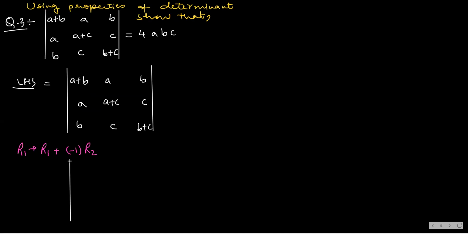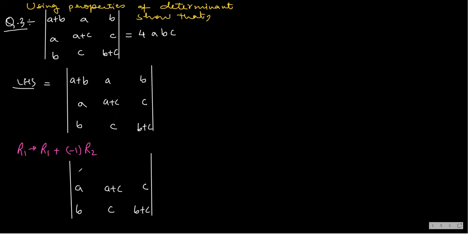Okay. If you have questions, remember the answer to all your questions will come on its own. Have patience. So here, see, R1 is changing, R2 and R3 not changing. So a plus c and c, then b, c, b plus c. R1 is changing. How is R1 changing? R1 plus minus 1 R2.